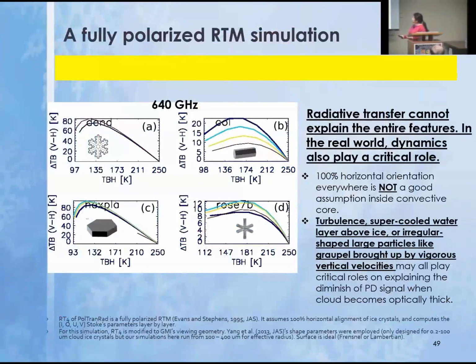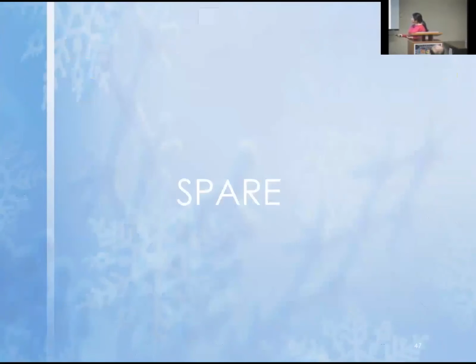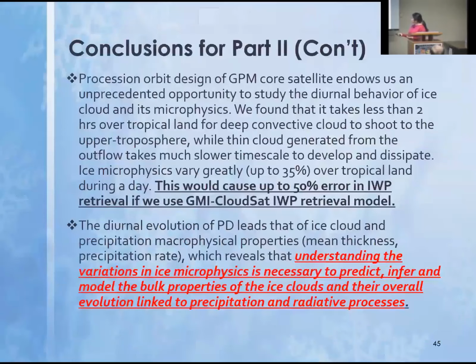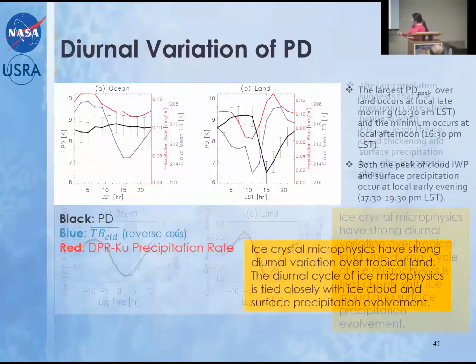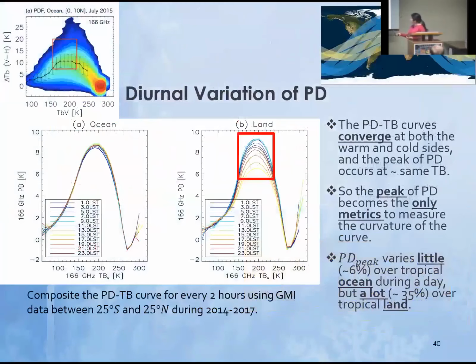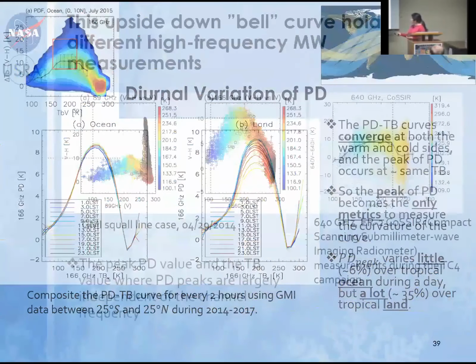You can see the curvature of the curve largely depends on the shape and also the size. But here we all assume 100% orientation. But if you go back to the schematic figure I showed at the very beginning of this talk, where is it?